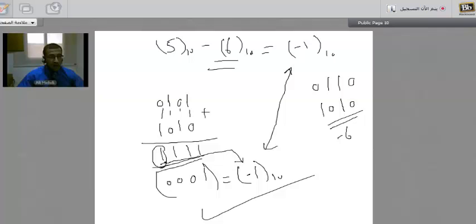I understand the rules for each one, but you give me a number in binary and you tell me this is a minus number. How am I going to differentiate?